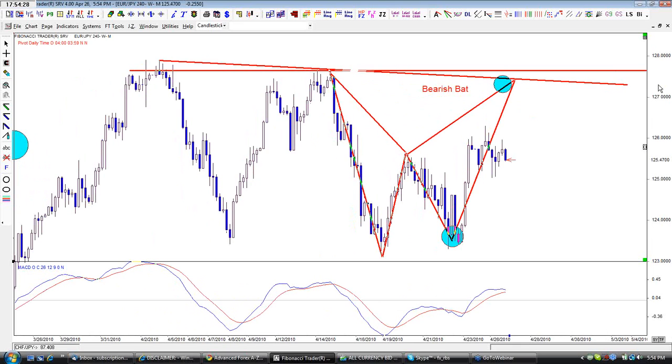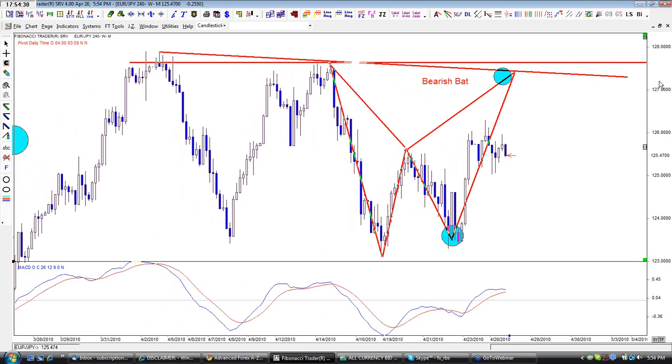There is also a possible bullish path all the way here near the 127 area. Price is too far.